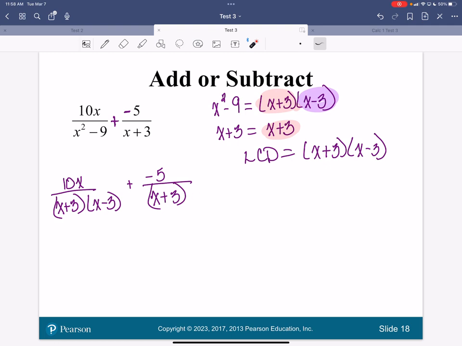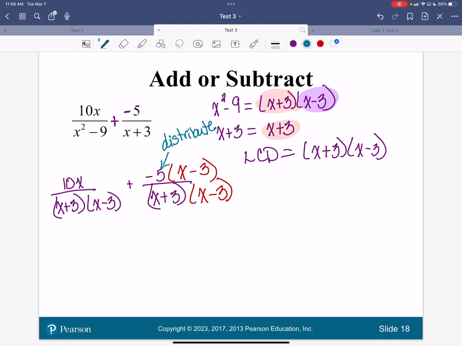Okay, but what's missing here? Good, x minus 3. So I'm going to multiply the denominator times x minus 3. And if I do that, what do I have to do to the numerator? Good. And now I've got to distribute. So that's something you want to watch.